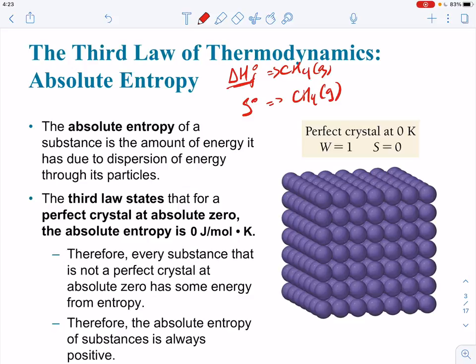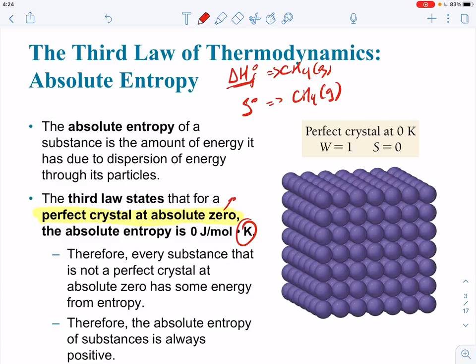one situation in which you can have the entropy for a particular substance equal to 0. There is only one condition in which you can obtain that, and it is this one that you have here. You must have a perfect crystal at absolute 0 Kelvin.